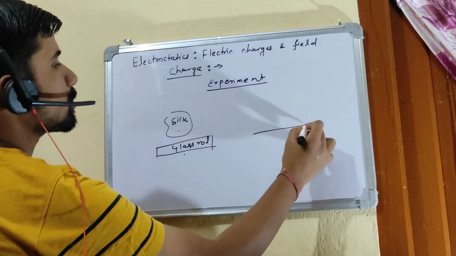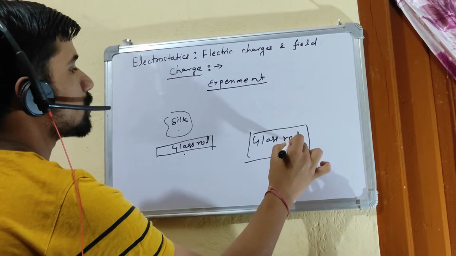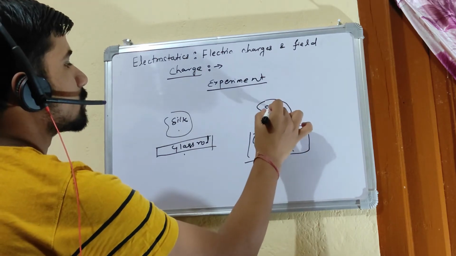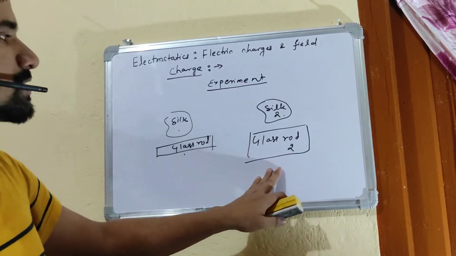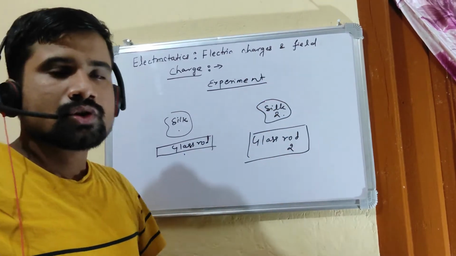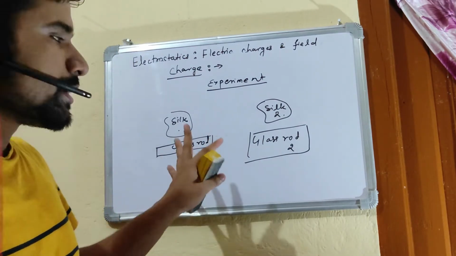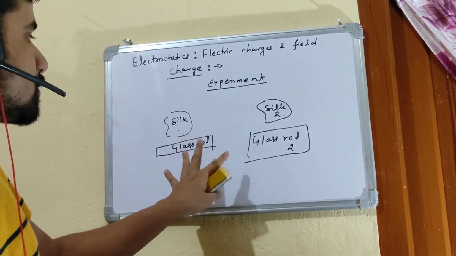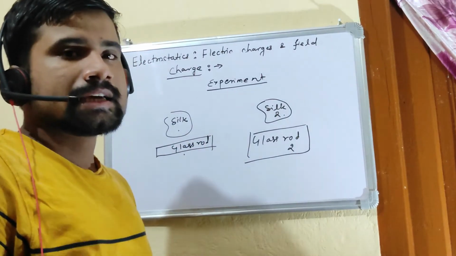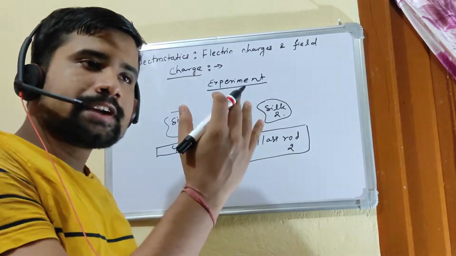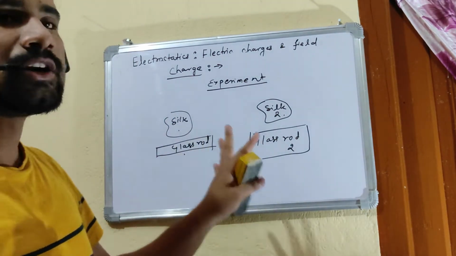and let's say we have one more glass rod 2, and then one more silk, and then again this glass rod is rubbed against this silk. After doing this, when these two glass rods were brought close to each other, the scientists found that these two are actually repelling each other.